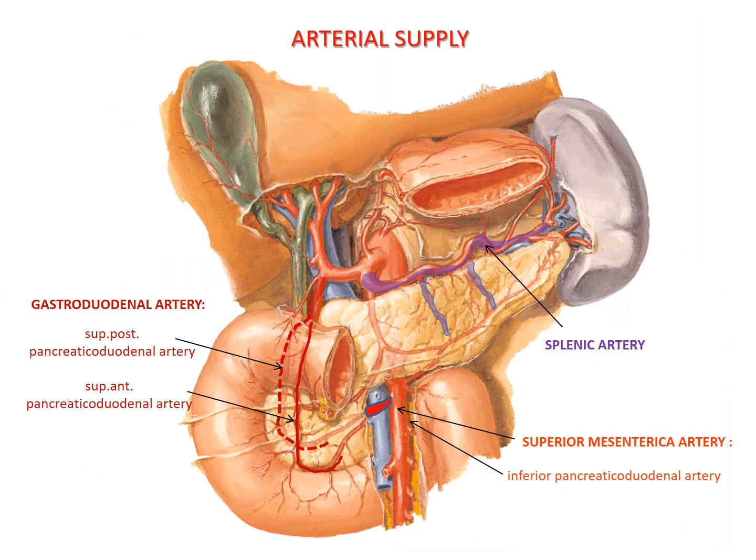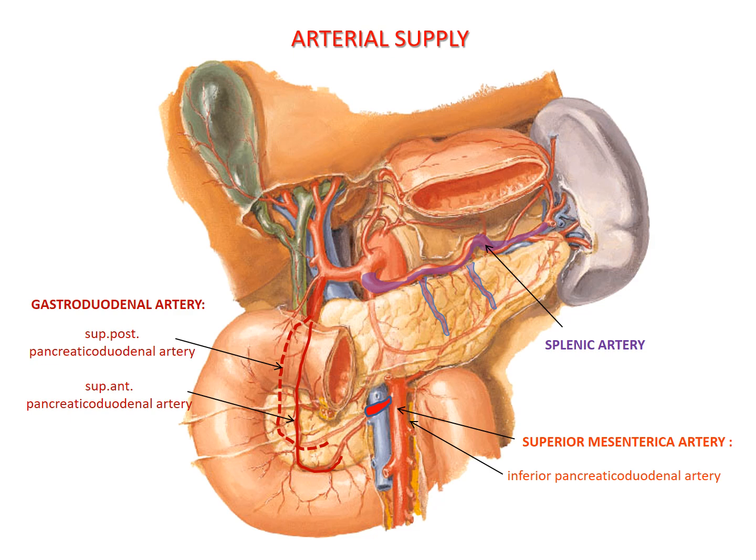The branches of the celiac trunk, the gastroduodenal artery and splenic artery, and a branch of the superior mesenteric artery form anastomoses with each other. The anterior and posterior superior pancreatico-duodenal arteries, which are branches of the gastroduodenal artery, anastomose with the branches of the inferior pancreatico-duodenal artery, and supply the head of the pancreas.